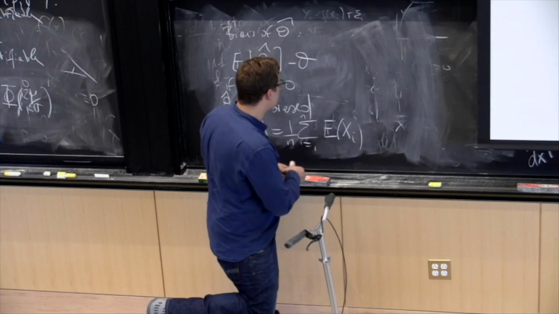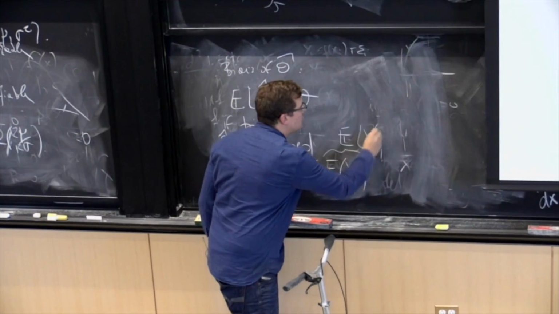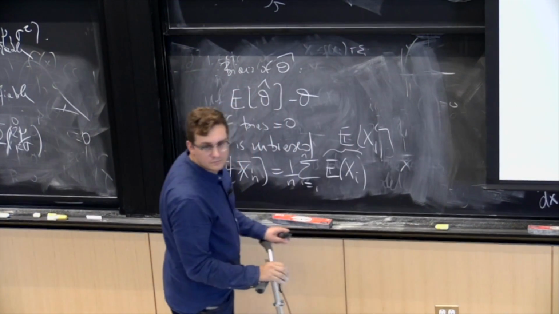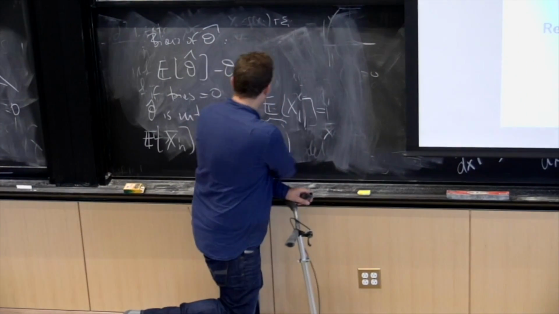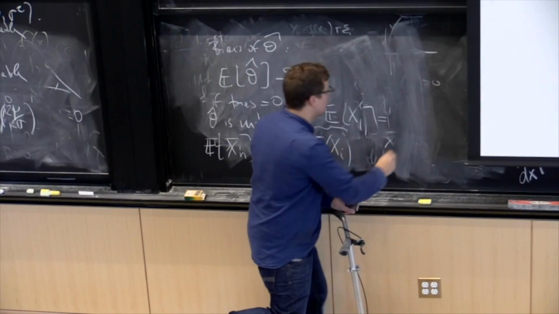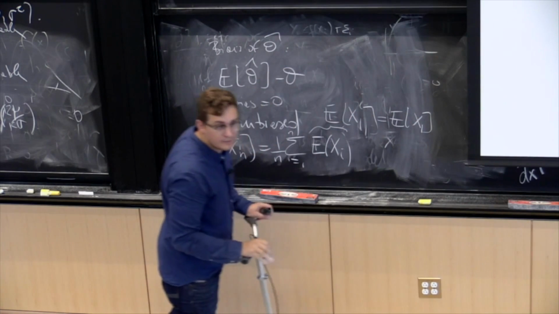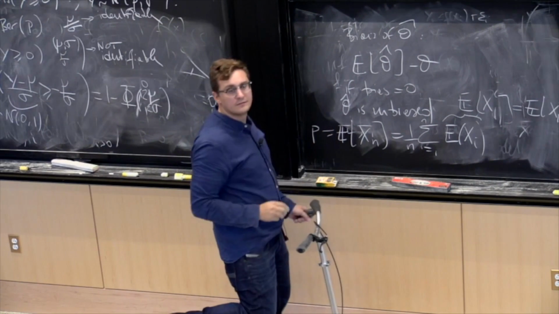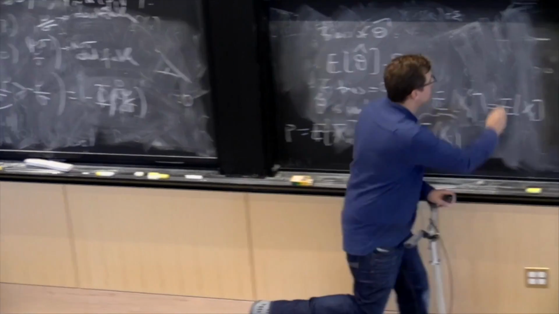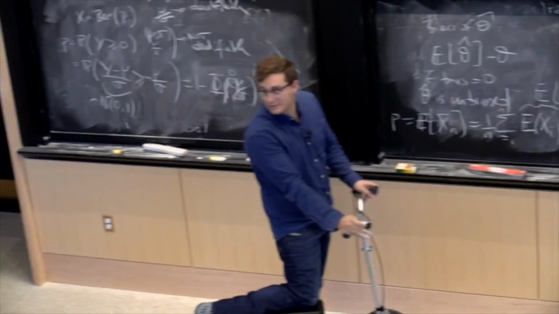So what it means is that these guys here are all equal to the expectation of X1. So I have the average of the same number, and so this is actually the expectation of X1. And it's true. In the KISS example, this was p, and this is p, the probability of turning your head right.